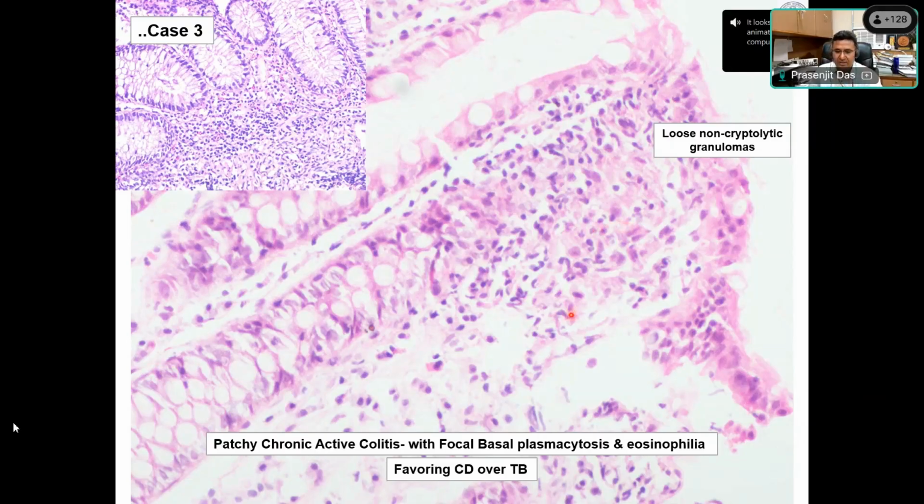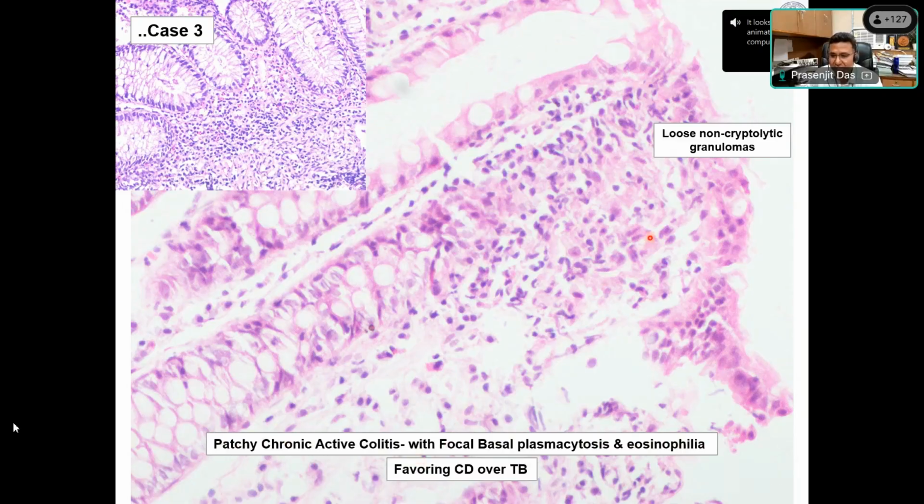Okay. Nothing is very specific. You have to do permutation combination between all these findings. So what we can say, we always use two-liners for our interpretation. This is the basic morphological diagnosis that you should always understand and write. So this is a patchy disease. It was a chronic active colitis, no doubt, with focal basal plasmacytosis and eosinophilia, though we had doubt whether it is site-specific or not.